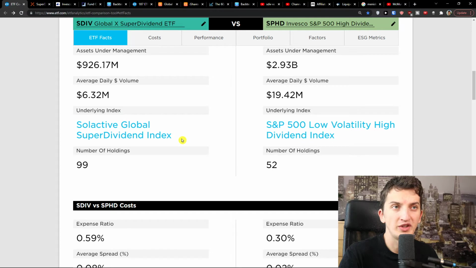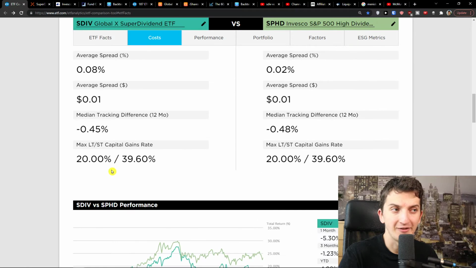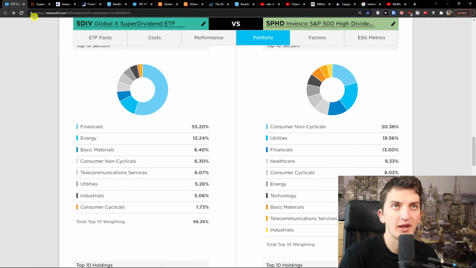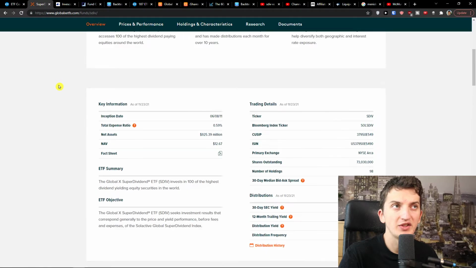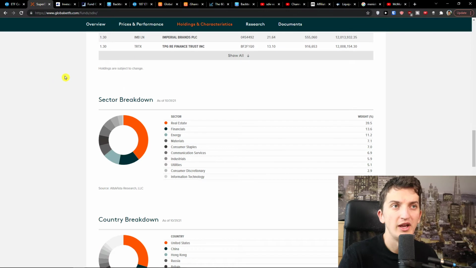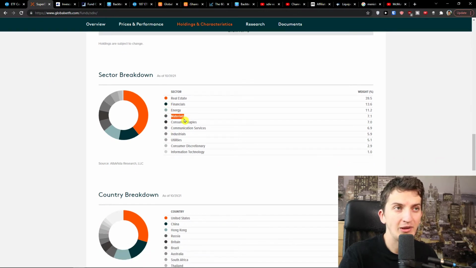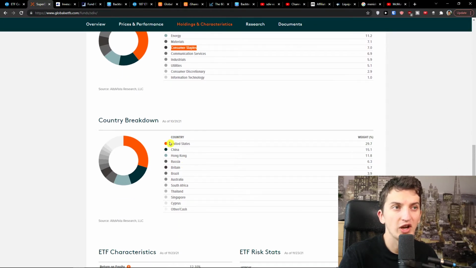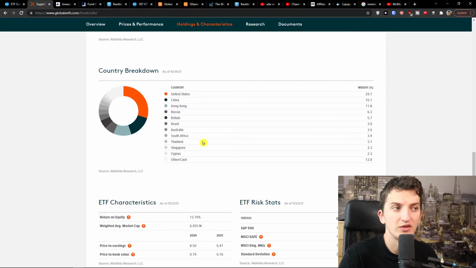Then we see the underlying index, which is different, and we see 52 holdings compared to 99. Now when we look at both of these, this is SDIV. When you scroll down, you see the sector breakdown: real estate, financials, energy, materials, consumer staples. Country breakdown: China, Hong Kong, Russia, a lot of these countries.